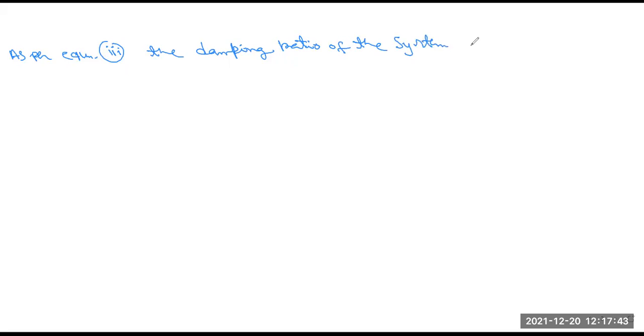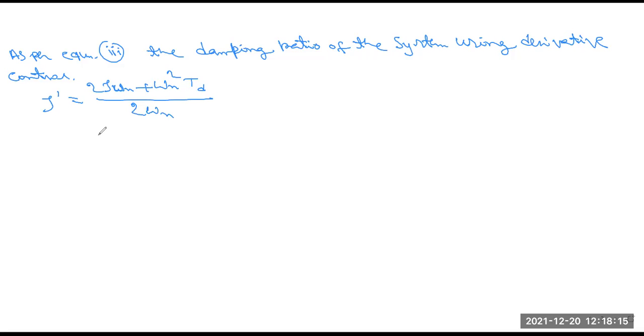Okay, now we have to calculate the damping factor, zeta, from here. As per equation 3, the damping ratio of the system using derivative control: zeta dash equals (2 zeta omega_n plus omega_n squared T_d) divided by 2 omega_n.